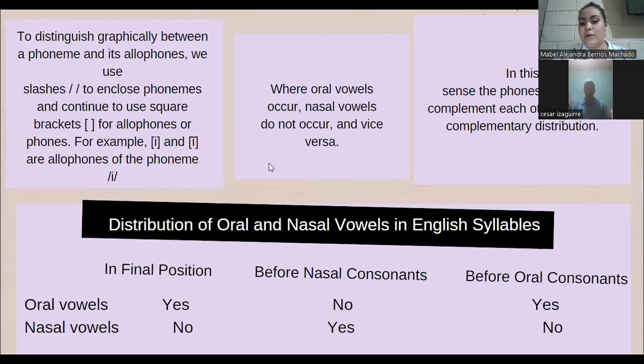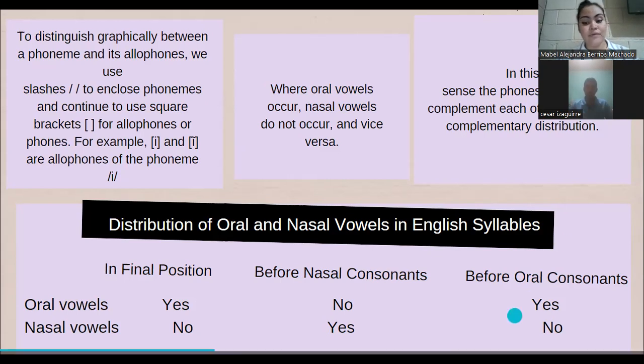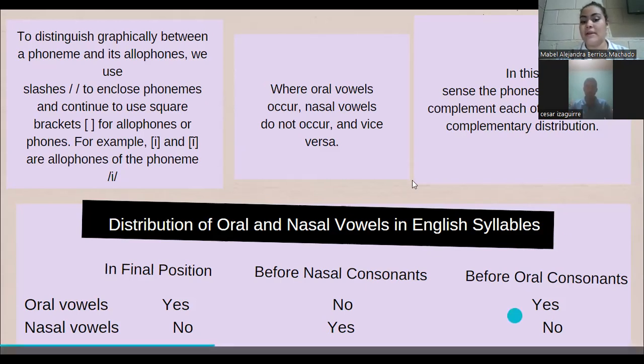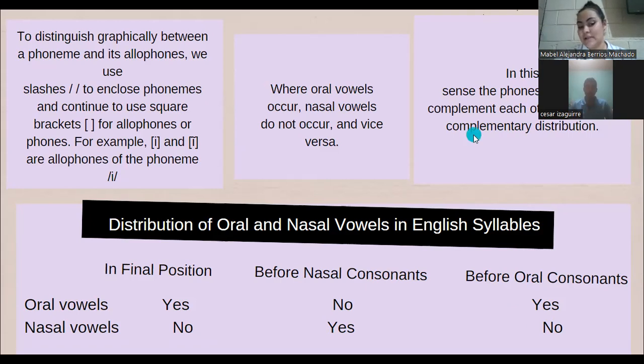Where oral vowels occur, nasal vowels do not occur, and vice versa. In this sense, the sounds are said to complement each other, or to be in complementary distribution. Here is the distribution of oral and nasal vowels in English syllables, in final position, before nasal consonants, and before oral consonants.